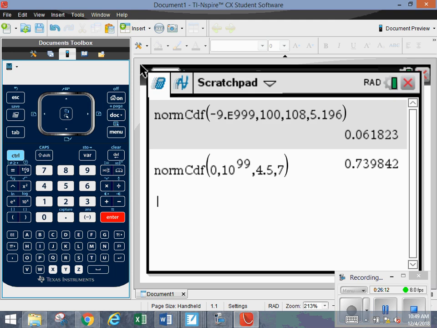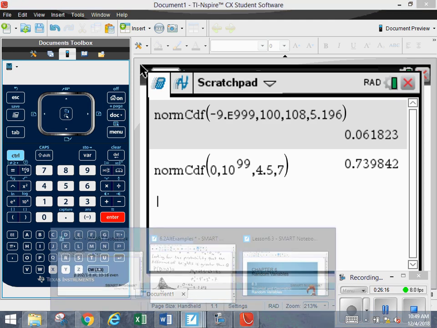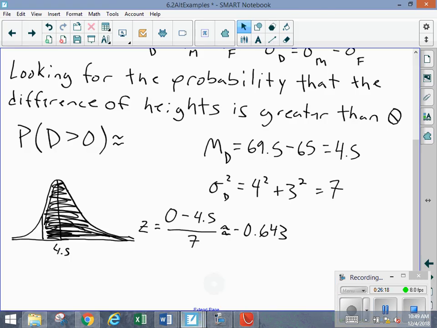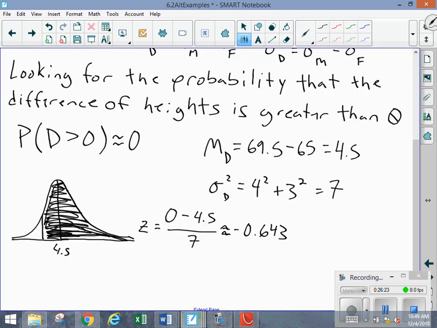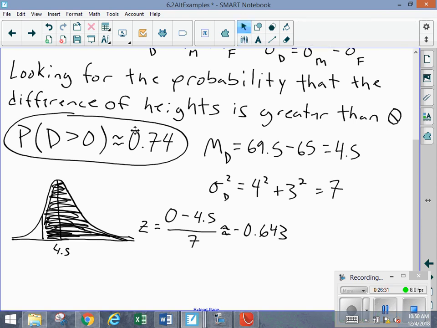So we get a probability of approximately 0.74. And within all of that stuff, that's our answer. I don't normally circle my answers, but my answer is somewhere inside my work, so I think that's why I circled it.